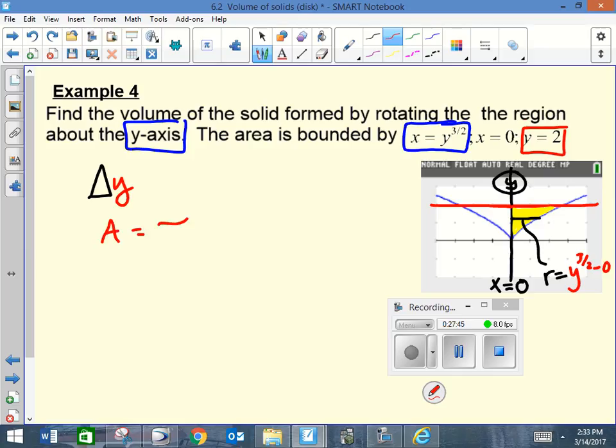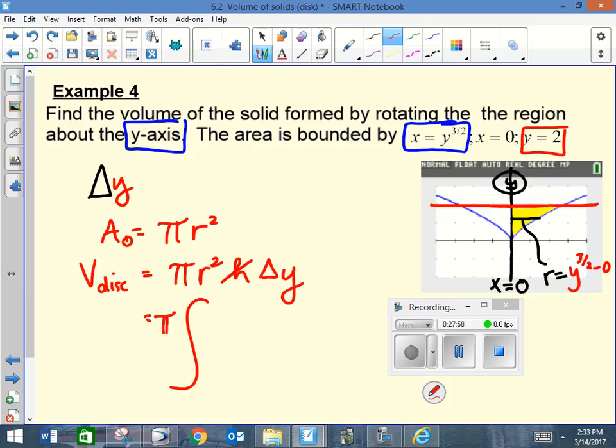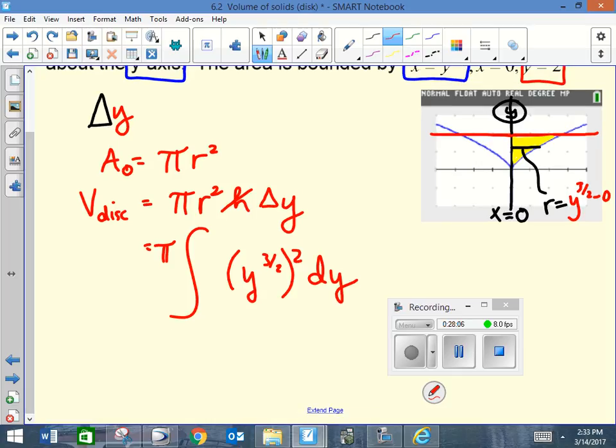So change in Y. And then our bottom Y is 0, and our top is 2.